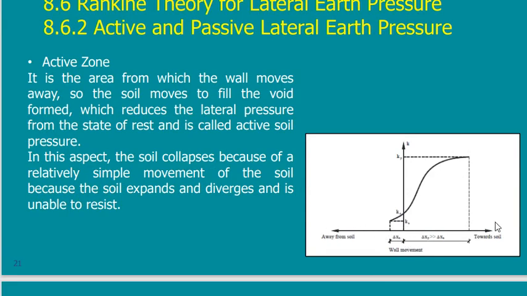Here is the value of K on this axis. This point is a simulation for K naught at rest. Here is K active and here is K passive. It means that first, K active is less than K naught.